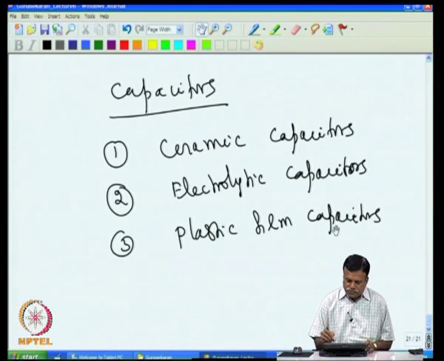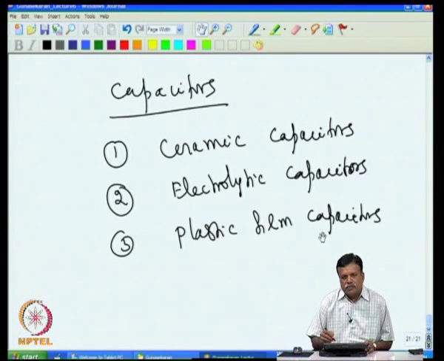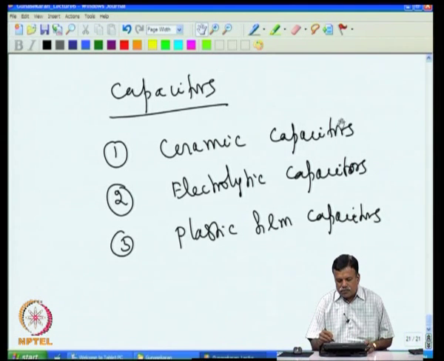In plastic film capacitors, various plastics, for example polycarbonate and polypropylene, are used as dielectrics. Now, if we see their properties, the dielectric of ceramic capacitors has very large drift due to temperature. The dielectric constant only determines the capacitor value, so when the dielectric constant changes, the capacitor value also changes.